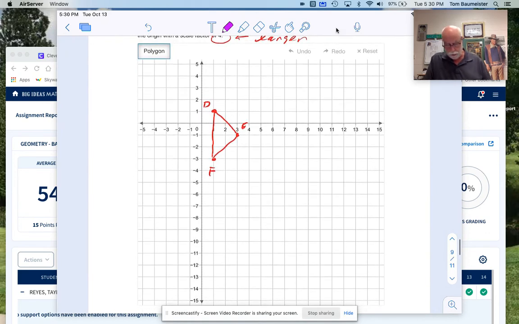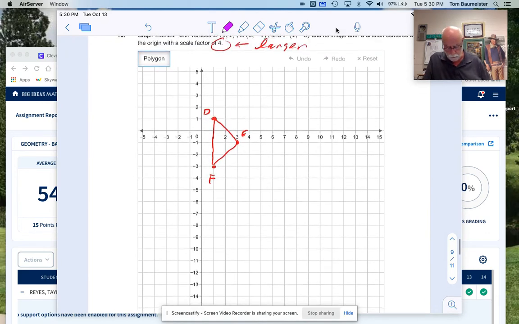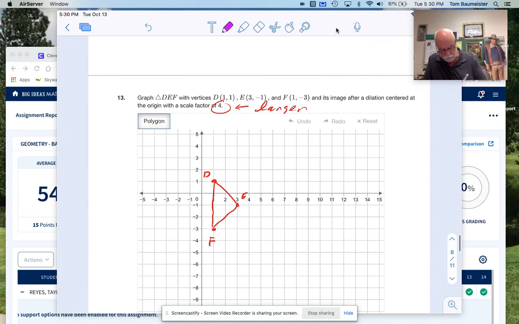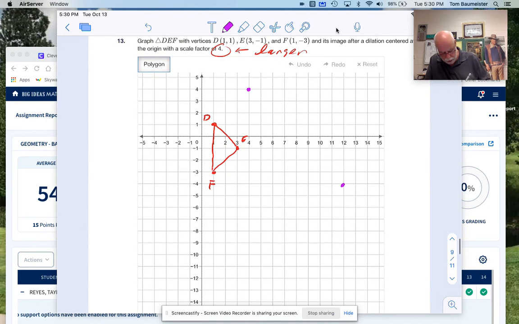All right, so let's see what I just told you, 4 and 4. So over 4, up 4. I told you 12 and negative 4, so I'm going to go to 12 and down 4. And then our last one I told you was 4 and negative 12, so over 4 and down 12.